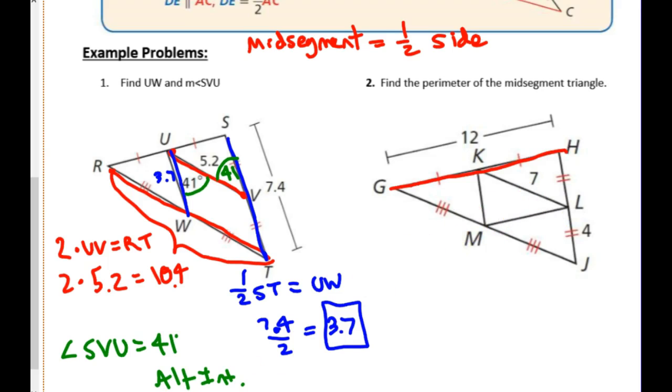So let's start off with GH is 12. How am I ever going to figure out ML? If I know the side, how do I get the midsegment? Divide by 2. Okay, thank you.